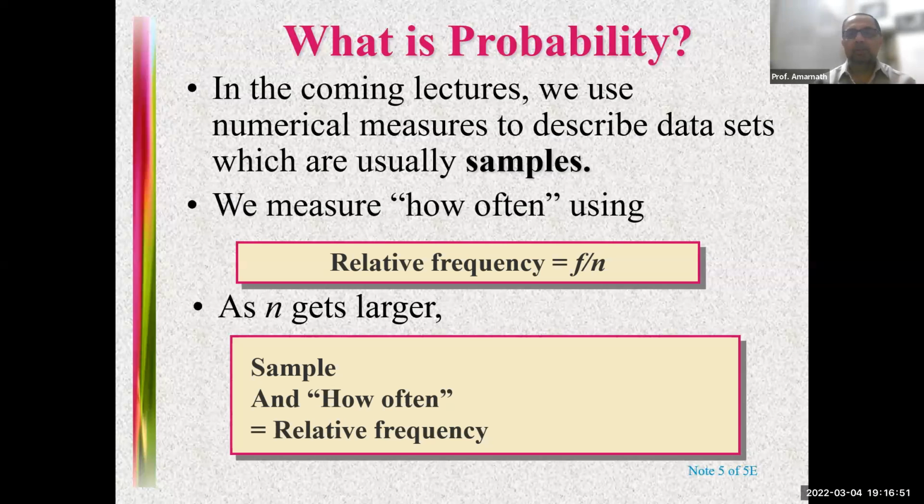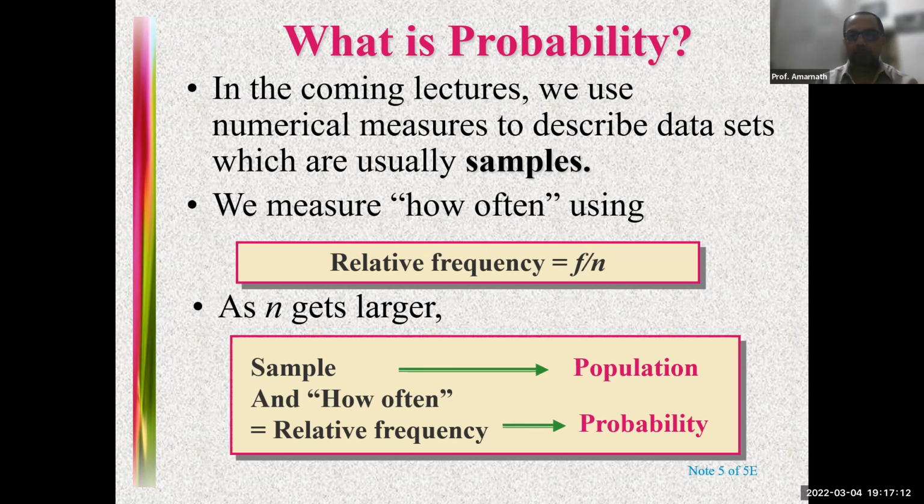That is how we tend to understand the sample and how often. Because this how-often idea is theoretically correct, but in practice, how we use it is something we need to know. The sample-to-population relative frequency is the probability.